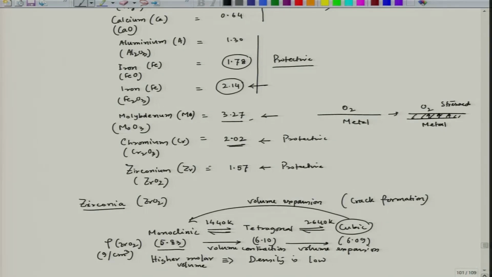Now, even if zirconia is protective, still I could see that as per the PBR ratio, this volume expansion or volume contraction due to change in structure, we are not considering. So, that means PBR does not consider phase change of the oxide.